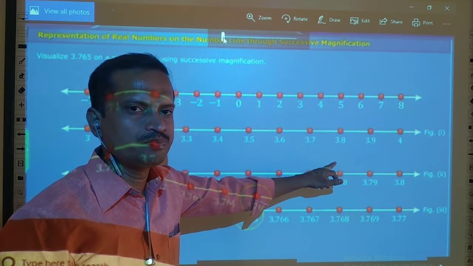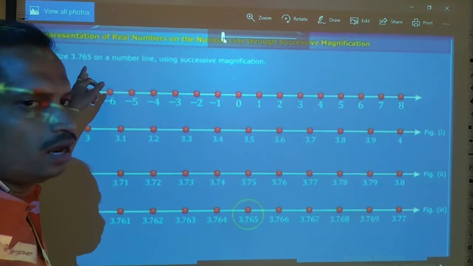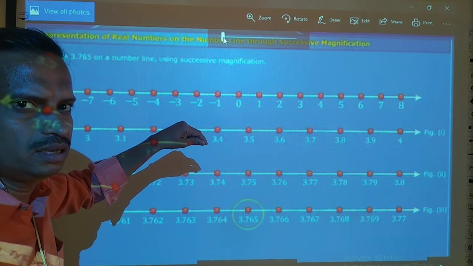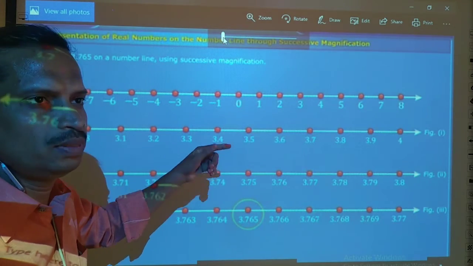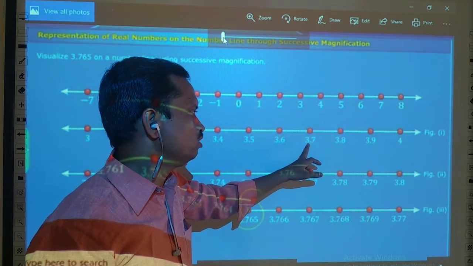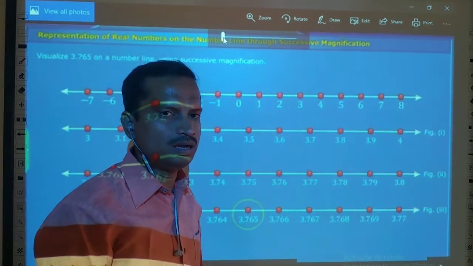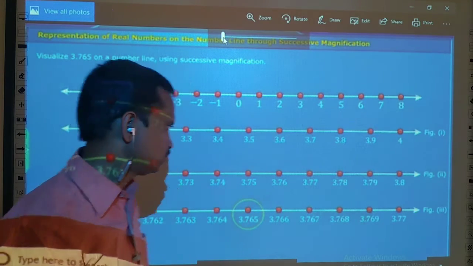How? By taking the 10th digit, that is what? 7, and then 100th digit 6. So after 7, the 100th digit is 6. So you have to magnify 3.7 and 3.8 to get 6 in the 100th place.